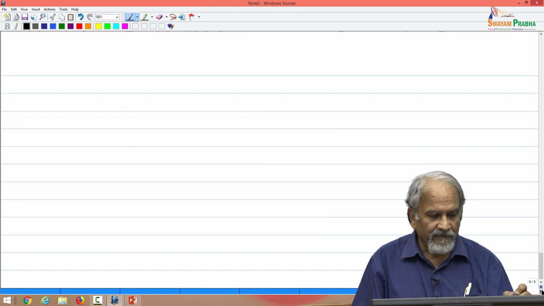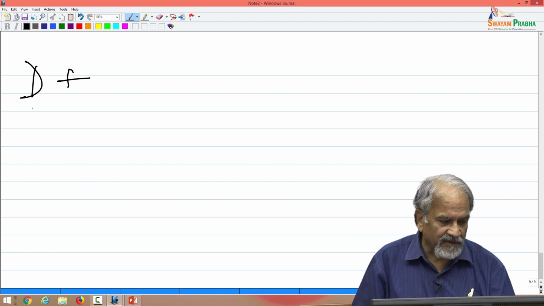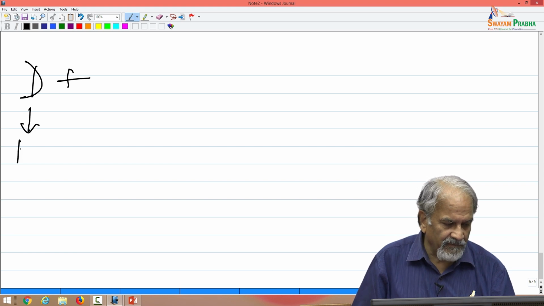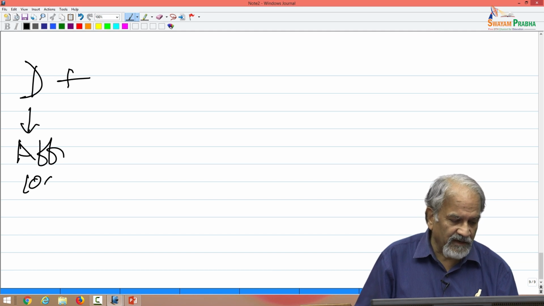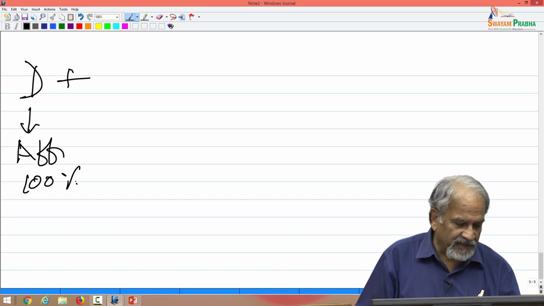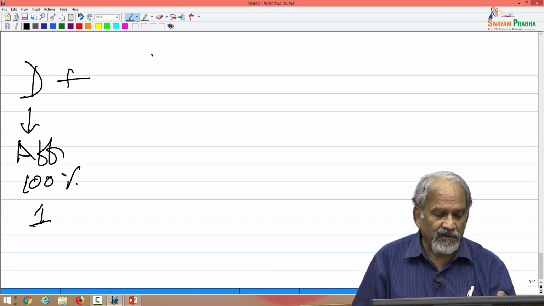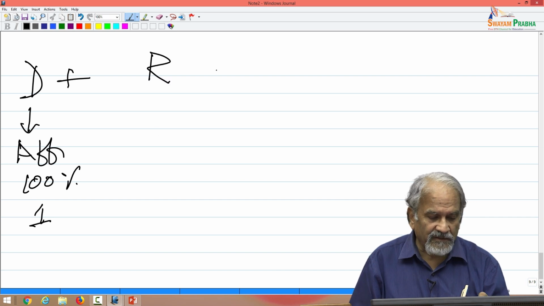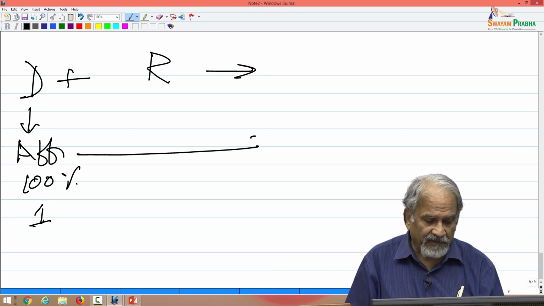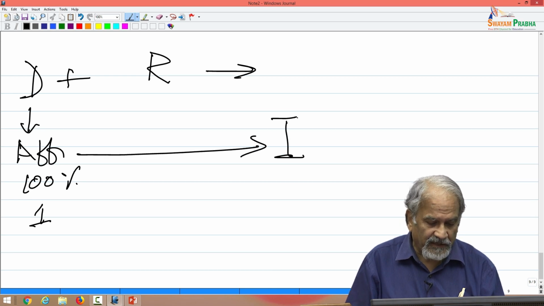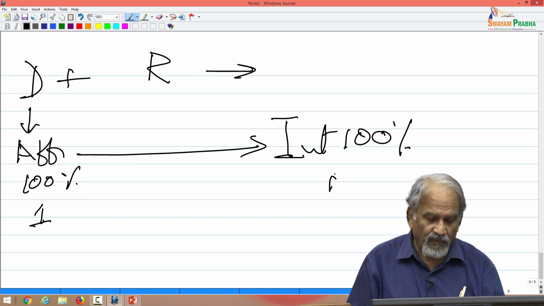On the other hand, if you have a drug which has full affinity, that is 100% affinity, or you can say affinity is 1, and when it binds to the receptor it produces the effect, that means it has an intrinsic activity of 100% or intrinsic activity of 1.